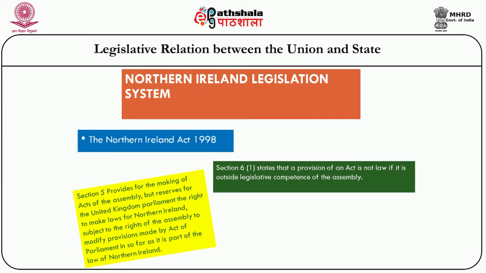Now, section 6, clause 1 of the Northern Ireland Act 1998 states that a provision of an act is not law if it is outside the legislative competency of the Assembly.